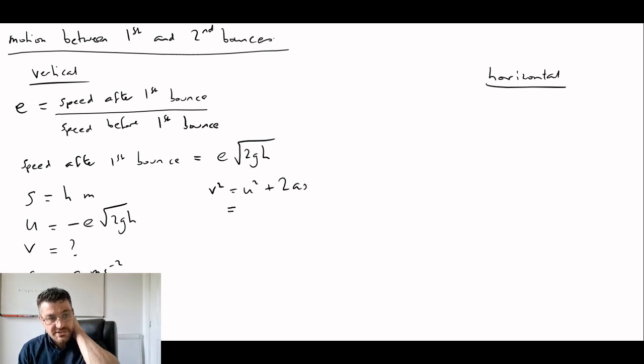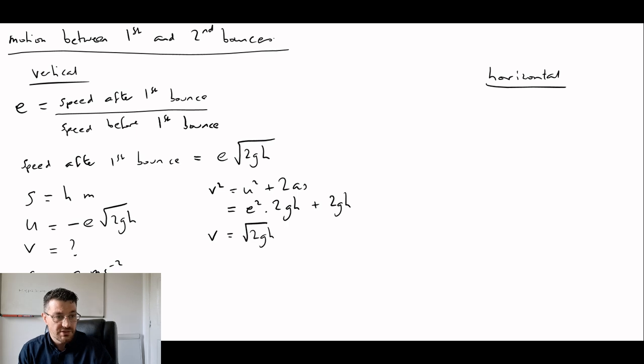So we get here v squared is going to be equal to e squared times 2gh plus 2gh. So v, with a little bit of simplification, is going to be the square root of 2gh times the square root of e squared plus 1.